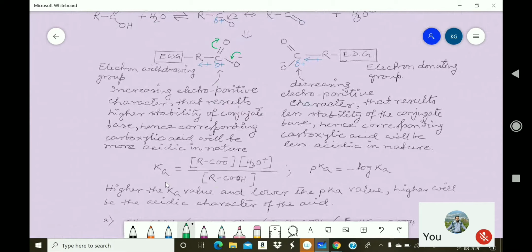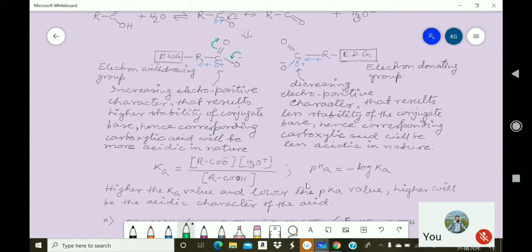So the higher this Ka value, that means the higher the concentration of this hydronium ion, that means the carboxylic acid is dissociated more. So the higher the Ka value, the higher will be the acidic character of the carboxylic acid.